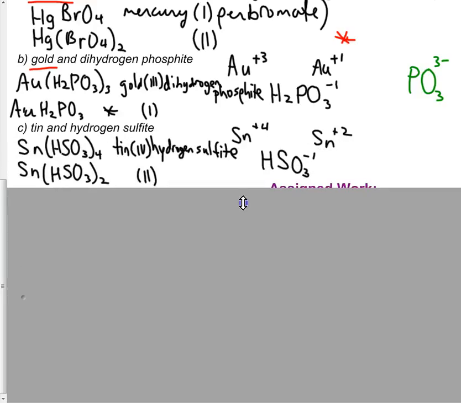which has again 2 valences, the +4, the most common state, and the +2. Hydrogen sulfite, again the sulfite ion, which is based on sulfate with a -2 valence, so hydrogen sulfite would have a valence of -1, and then pairing that up with tin 4, we'd need 4 of those ions, and tin 2 respectively.